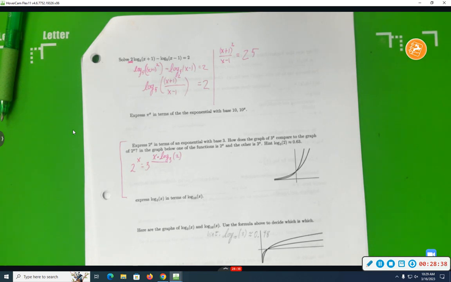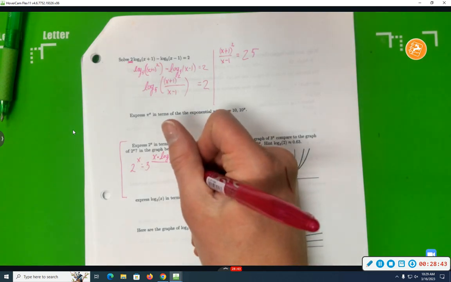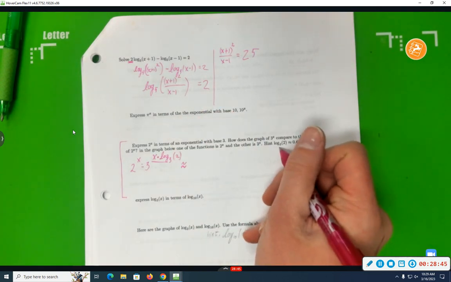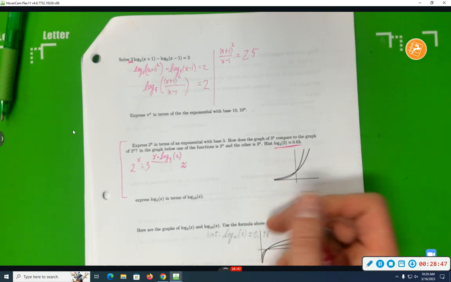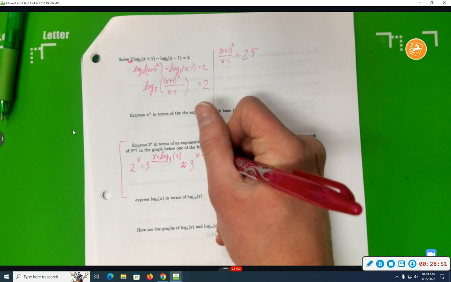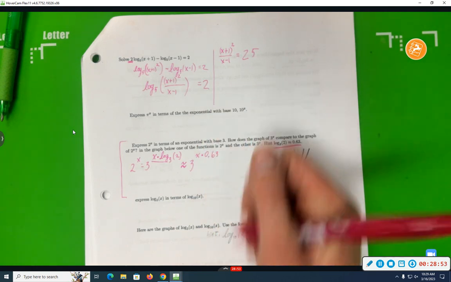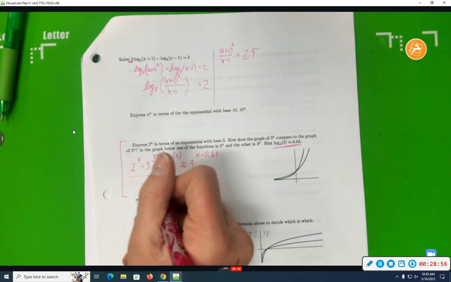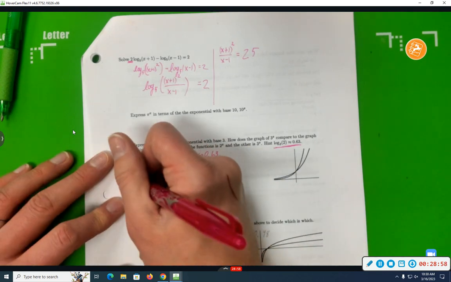Just to get an idea of what this should do to the graph, log base 3 of 2 is about 0.63. So this is about 3 raised to the x times 0.63.